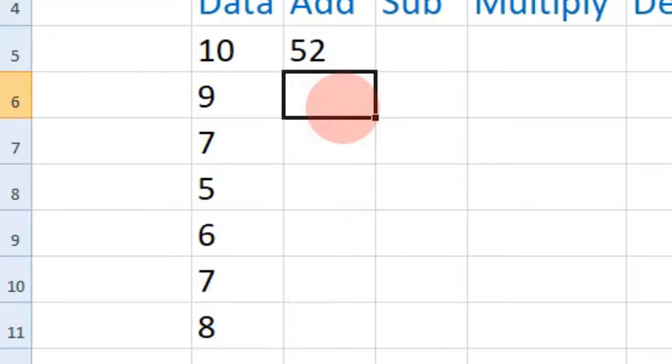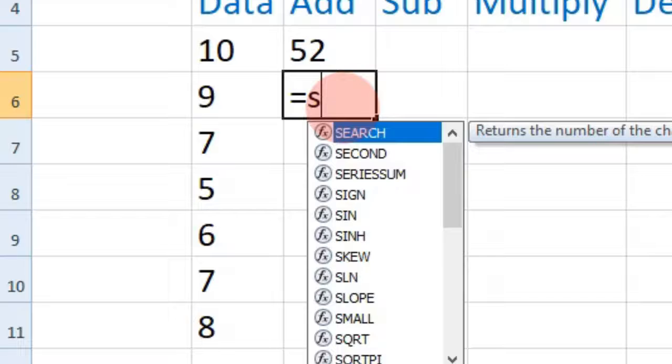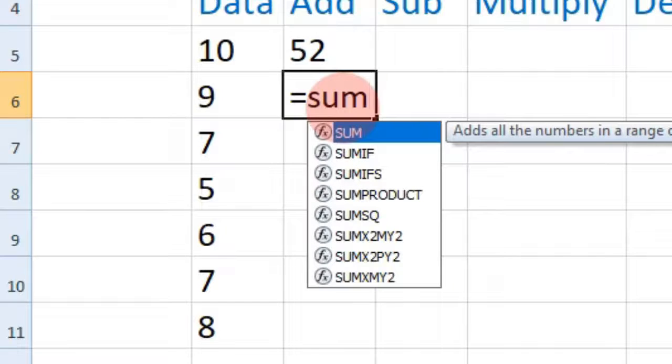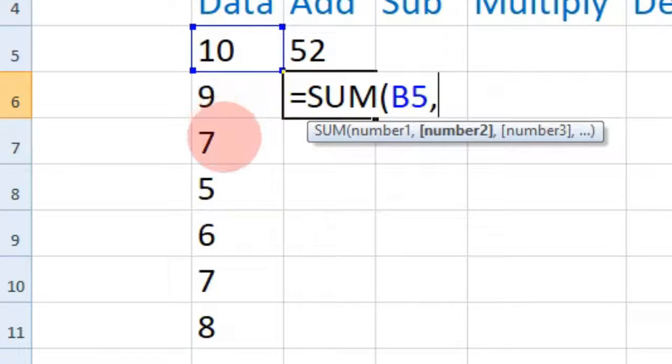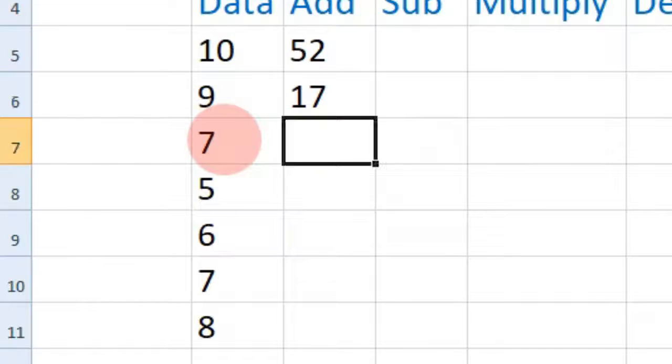Now if we want to add only two cells, equal to sum, select the cell, comma, select the next cell you want to add, parentheses and enter. This is to add only two cells.